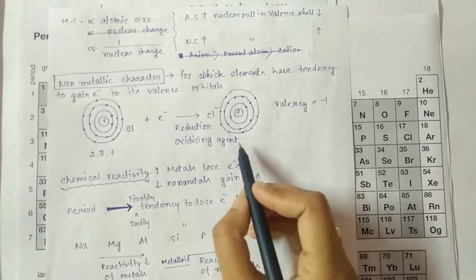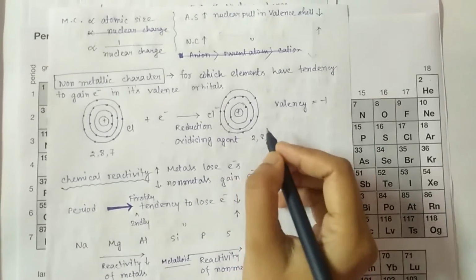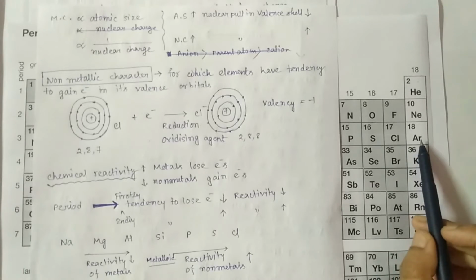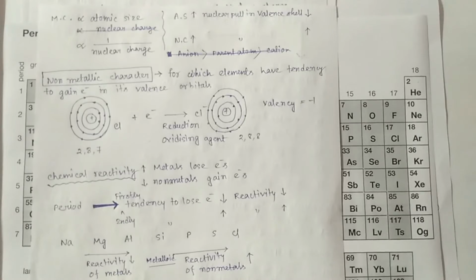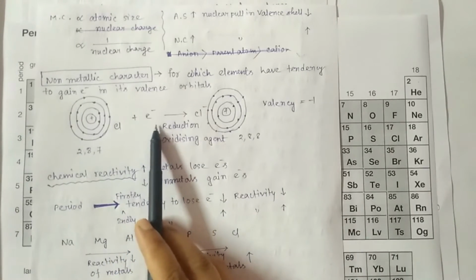If it gets 1 electron, it will have 2, 8, 8 electronic configuration, and thus it gets an electronic configuration just like argon, that is an inert gas, group 18 element. That is why chlorine always gains an electron.